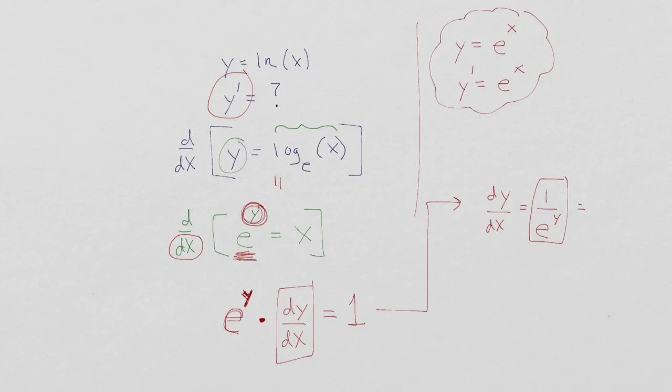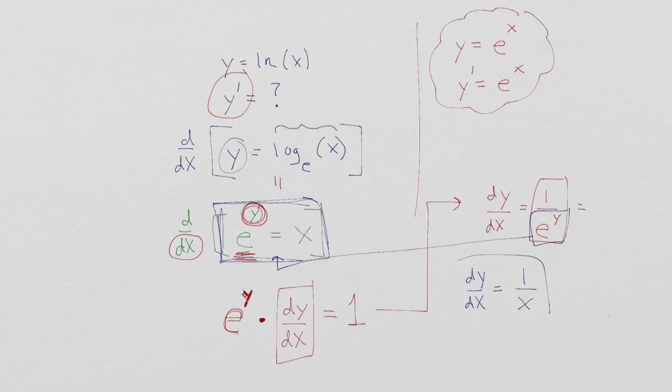So let's see what we can do about that. And this becomes a pretty easy fix, because what we see is that e to the power of y, as it were, is the same as x. This convenient bit of information is going to come back into play here. So what I'm saying is that dy over dx is actually just equal to 1 over x.